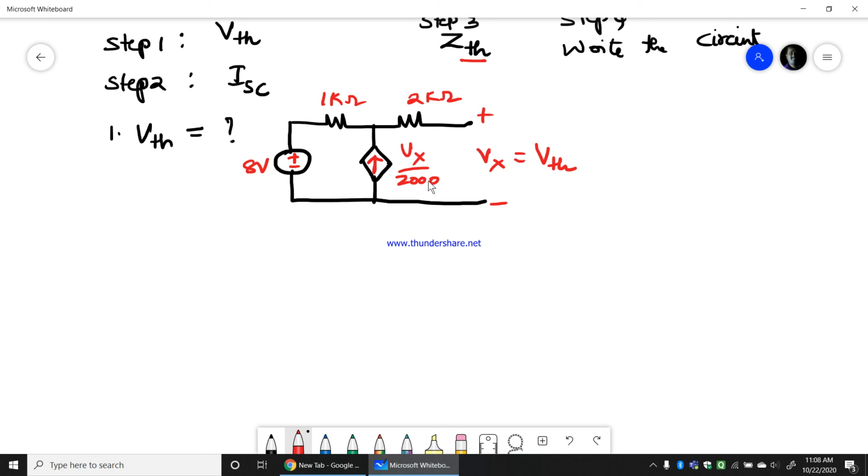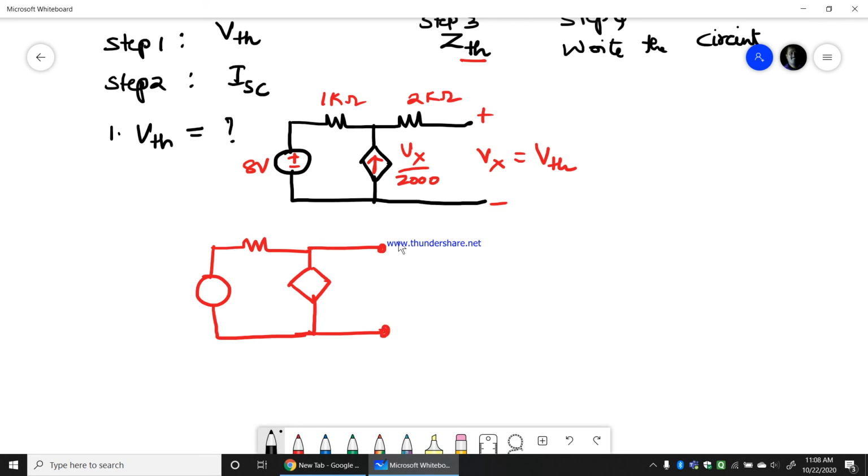Now the Vx is open. This is the open circuit voltage on which this dependent source also depends. As this is open, this 2 kilo ohms will not show its significance. Therefore I'll again write the circuit. As the current in this loop is 0, this resistance doesn't create any voltage drop, therefore we just remove it.